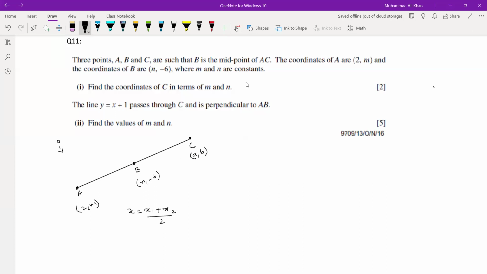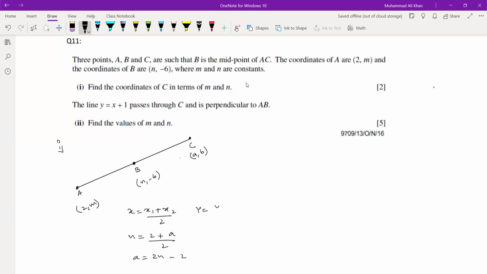What is x? n equals, what is x1? 2. What is x2? a, divided by 2. The value of a is 2n minus 2. Clear?